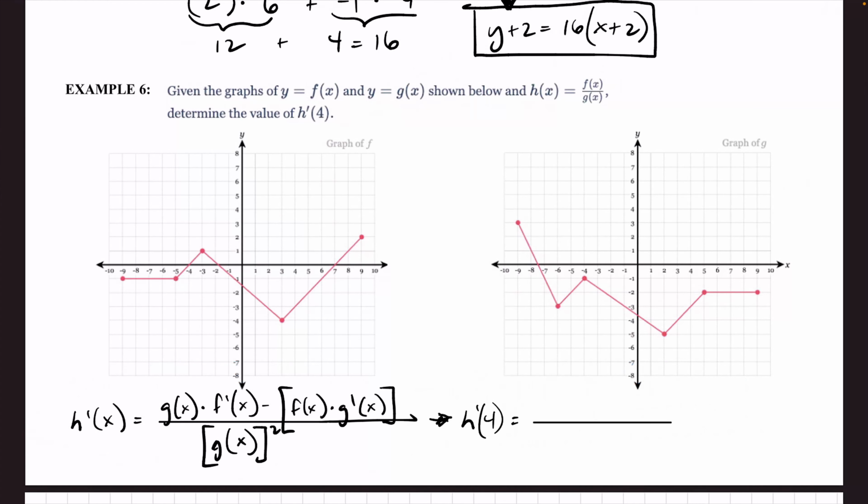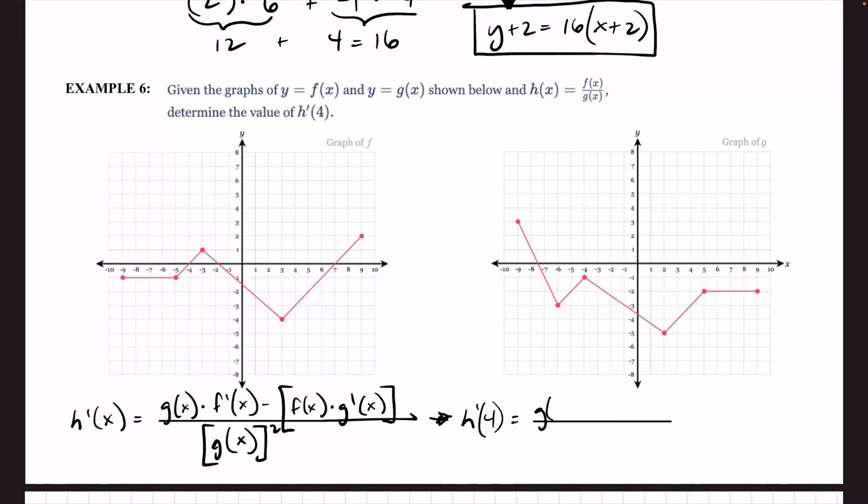So g of 4 is negative 3, times h prime of 4 minus f of 4 times g prime of 4, over g of 4 squared.